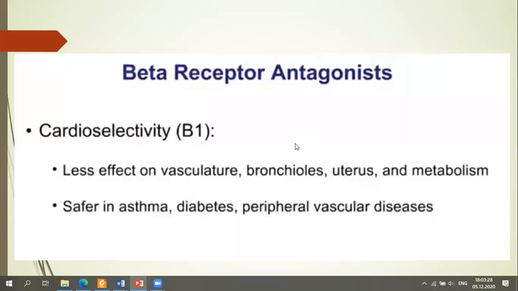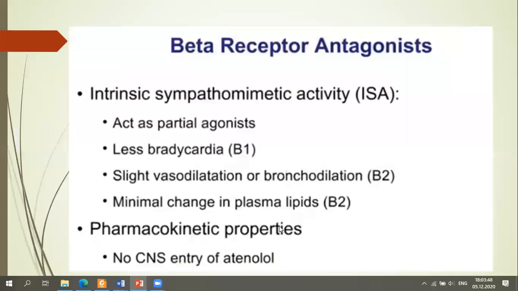Now, beta receptor antagonists, the last 7 minutes, we need to finish it quickly. Cardioselectivity for the beta 1, okay? They have less effect on vasculature, bronchioles, uterus, and metabolism, and are safer in asthma, diabetes, and peripheral vascular diseases too. So, continuing here. About ISA, we have already talked.